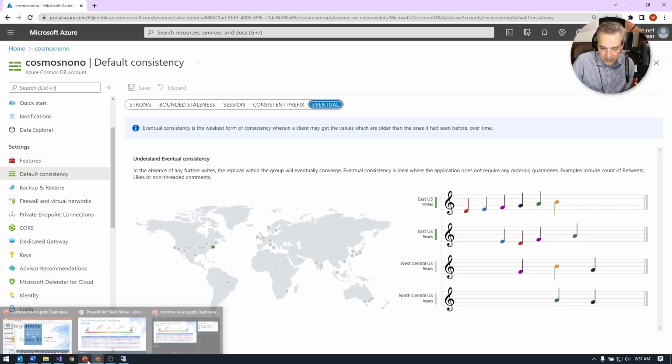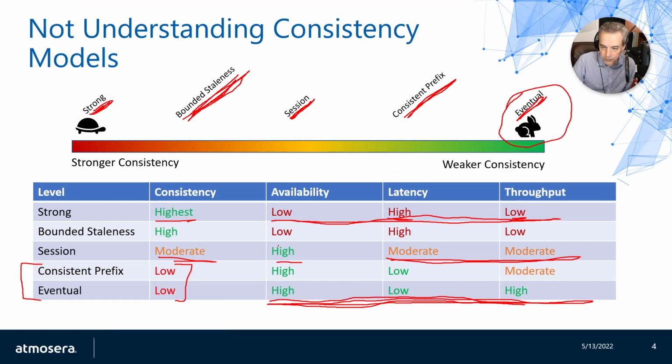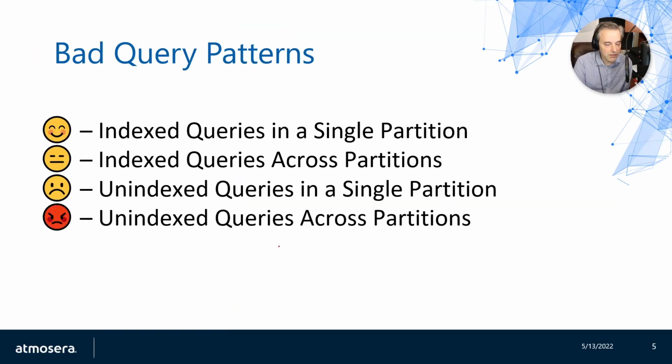So let's go look at the next topic, which is bad query patterns. Now, this is one of those that it's really hard to diagnose because it's really hard to see the queries in Cosmos. I wish they had a good way to reverse engineer the queries like you can inside of SQL Server.